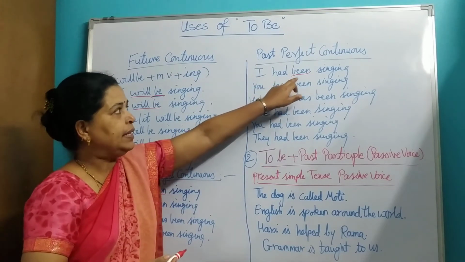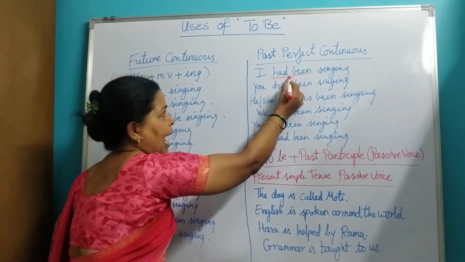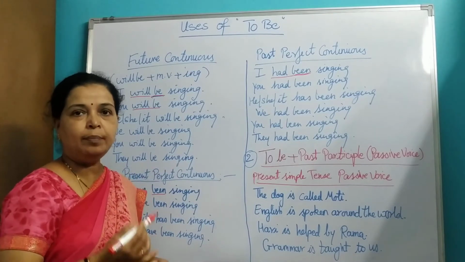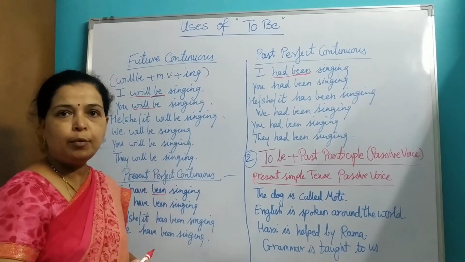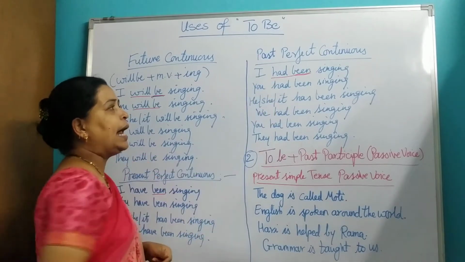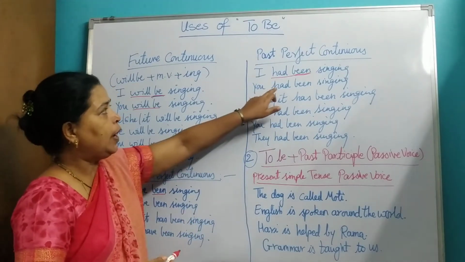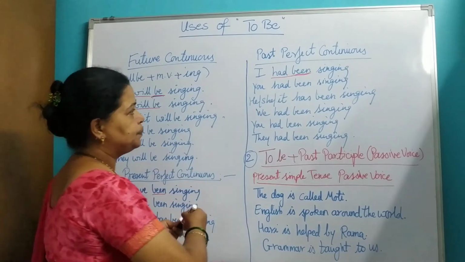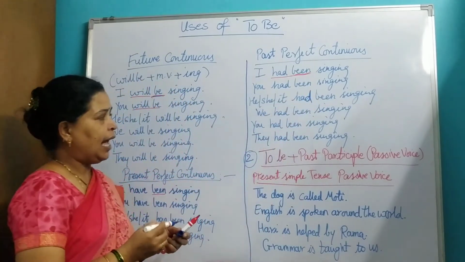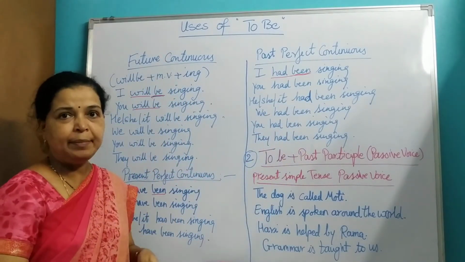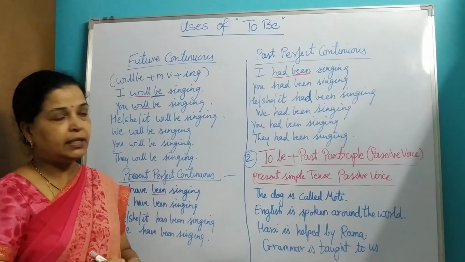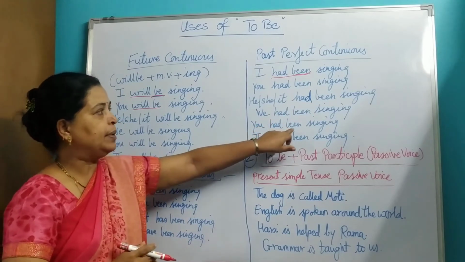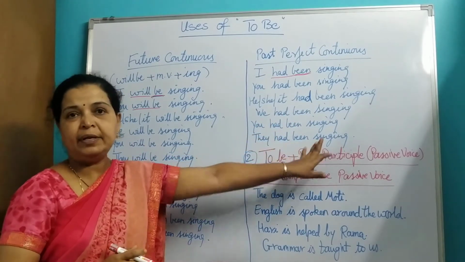So we have had been as the helping verb and sing the main verb, plus we add ing for the progressive tense. Same way, you had been singing. She, here we have to use had. She had been singing, he had been singing, it had been singing. We had been singing, you had been singing, and they had been singing.